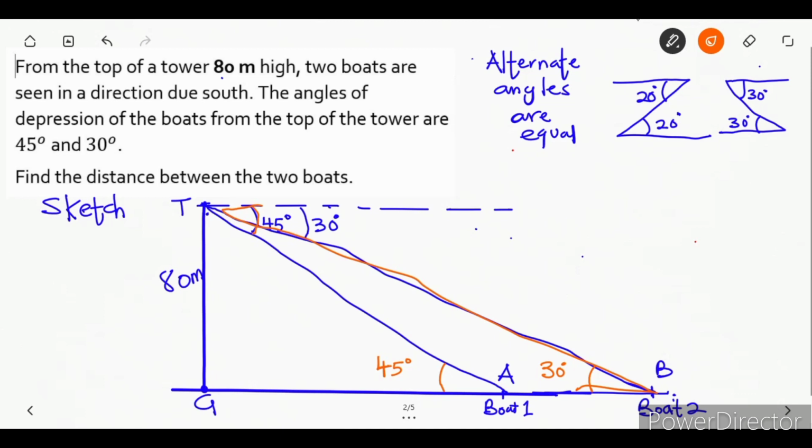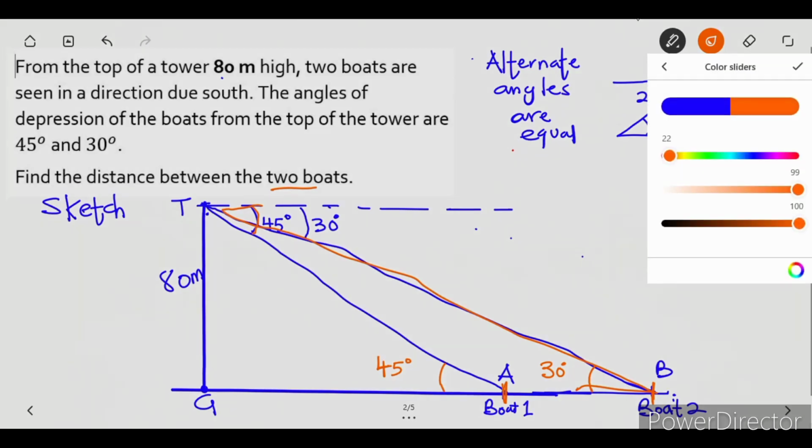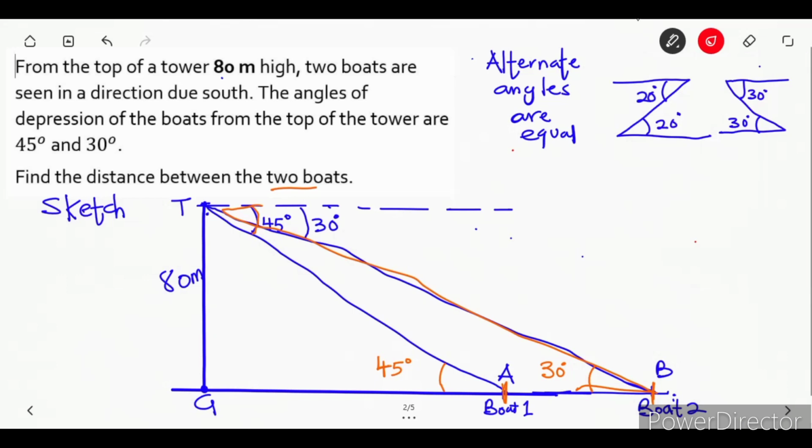So that's the sketch, and the question says I should find the distance between the two boats. The distance between the two boats is AB. This is the first boat, this is the second boat. So to get the distance AB, all I need to do is to get GB.